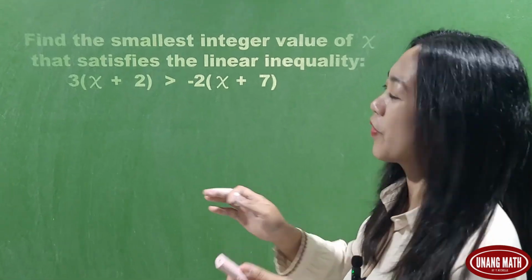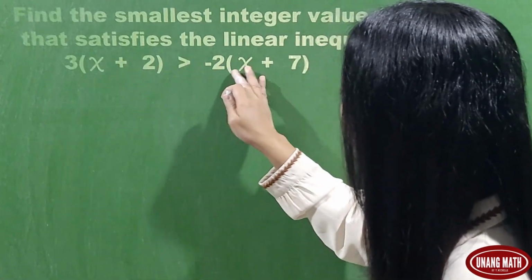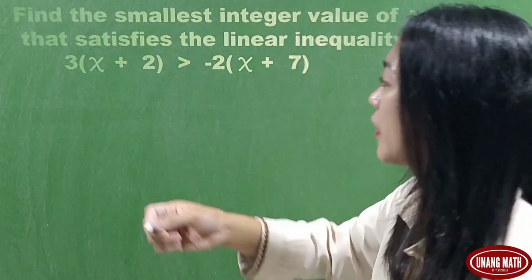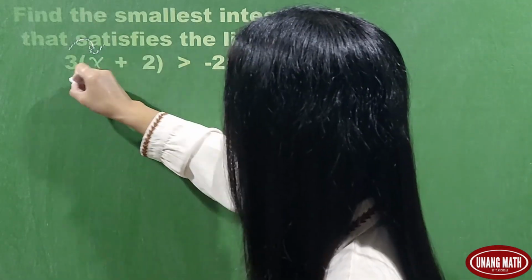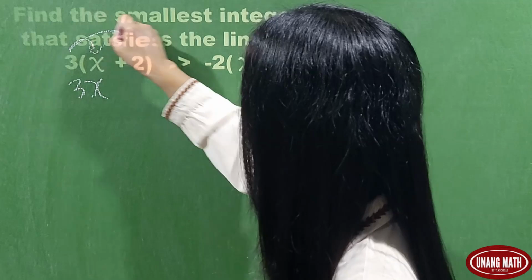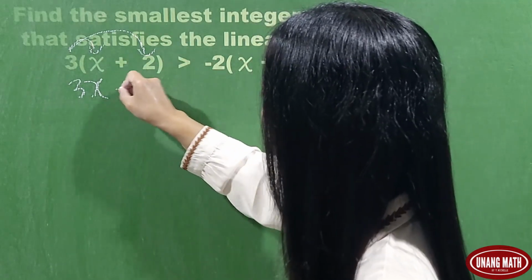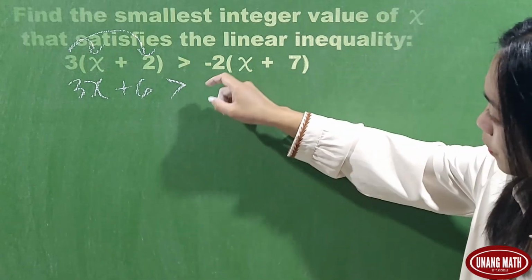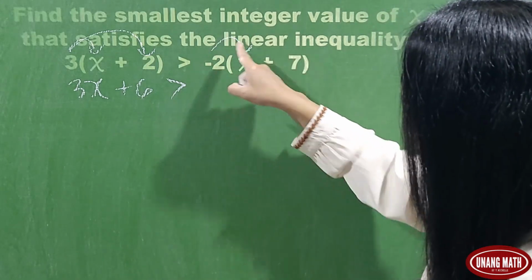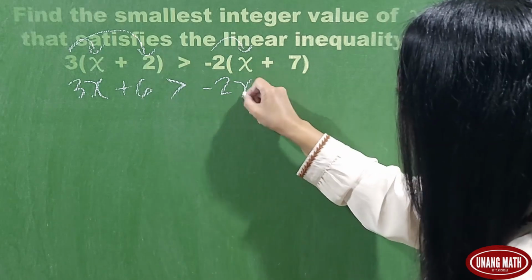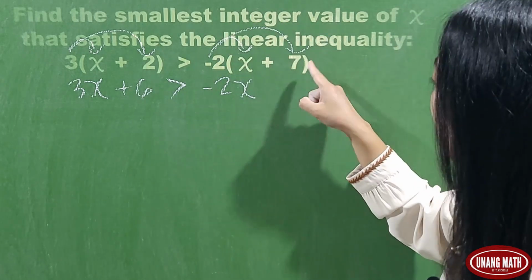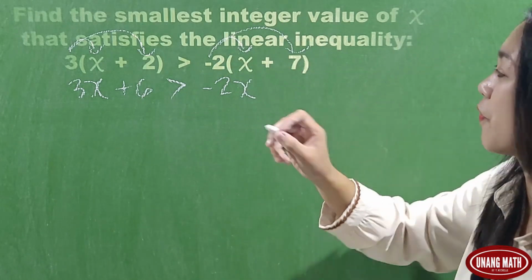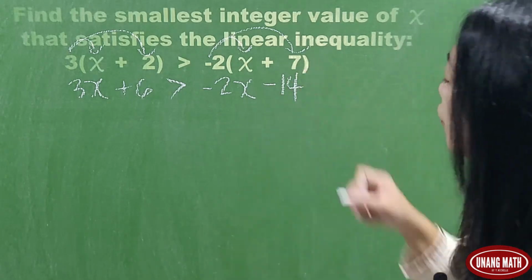So what we need to do first is remove the parentheses using the distributive property. So 3 times x is 3x. 3 times 2 is 6. So this is plus 6. This is greater than, using distributive property, negative 2 times x is negative 2x. Negative 2 times 7 is negative 14. So this is minus 14.